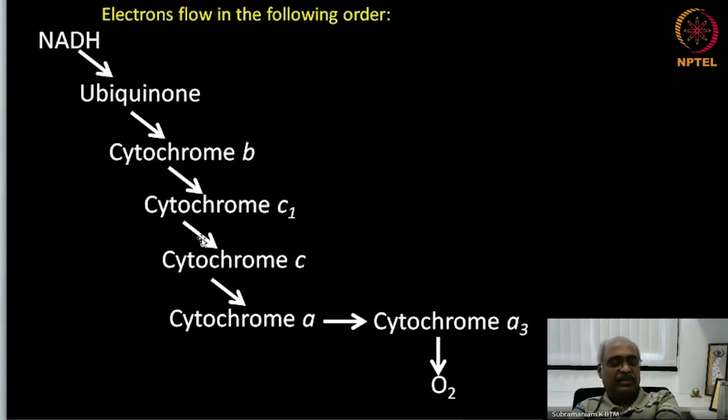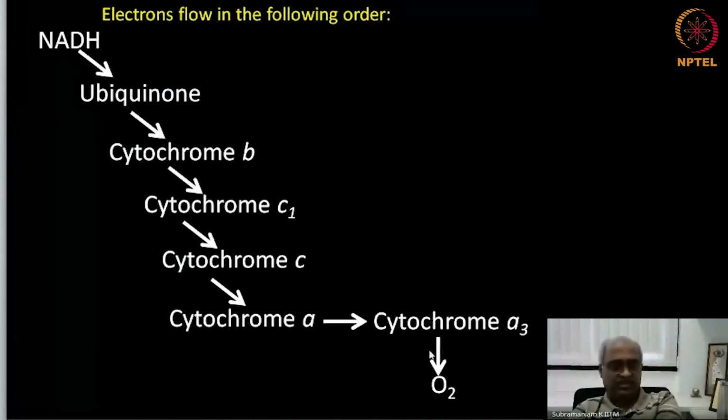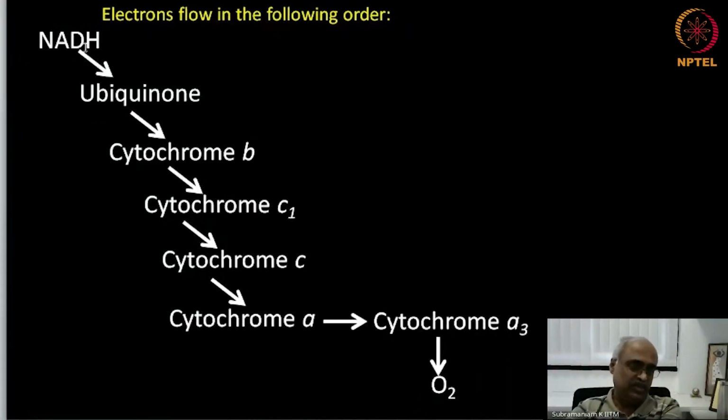And by using a variety of inhibitors blocking at different steps, that again suggested the same sequence. So from all three put together, we have this as the sequence of the electron carriers via which the electrons flow from NADH to oxygen.